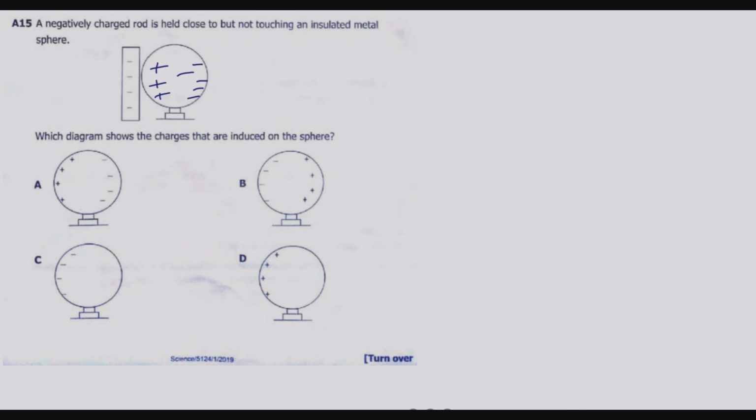The unlike charge of the negative is a positive, so the positive will move towards the negative, then the negative will move away from the negative. So what we end up with in this case is what we are seeing in A.